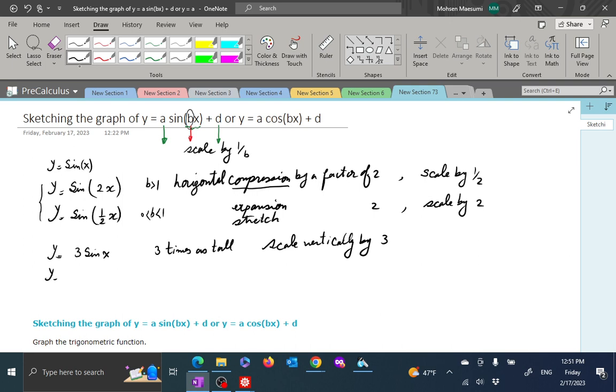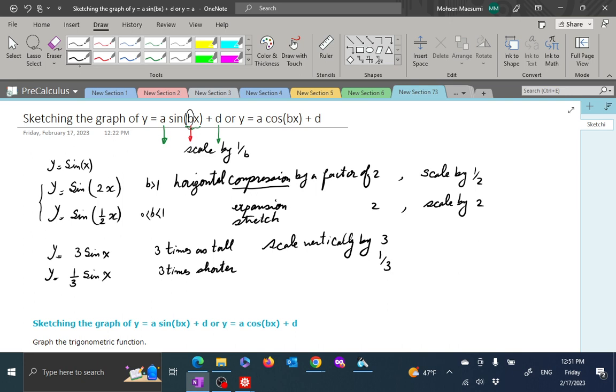If I had y is equal to, say, 1/3 sine of x, it's going to be 1/3 times as tall, or 3 times shorter, or you can say scale it by a factor of 1/3.